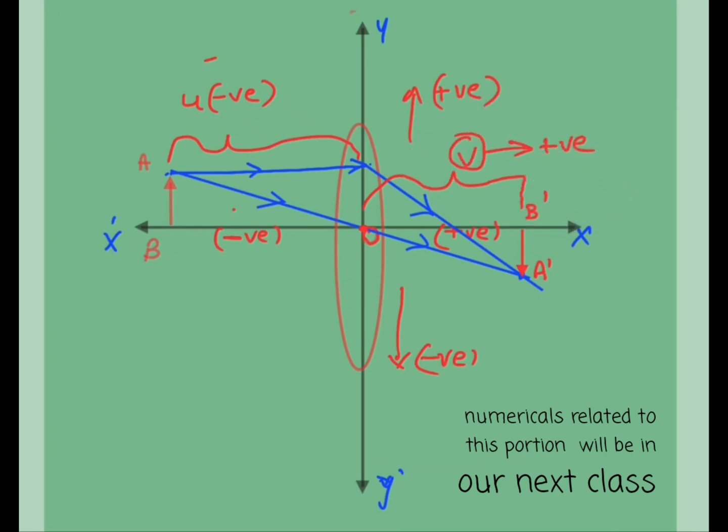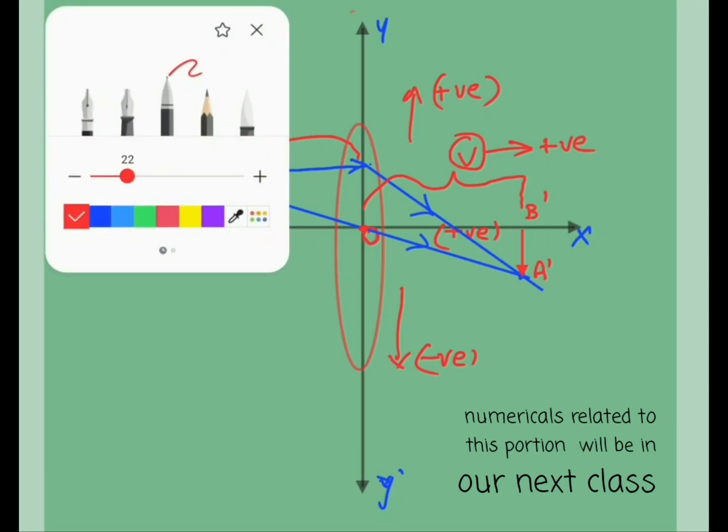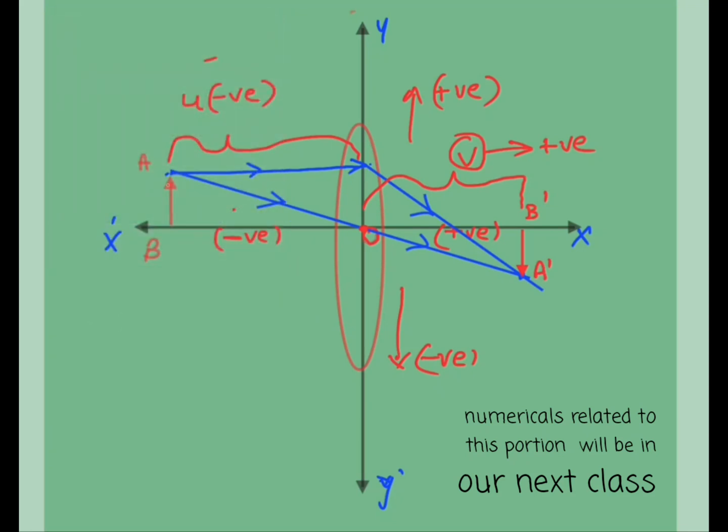Now moving to the height of the image and height of the object, you can see that the object height is on top of the x-axis. Okay, so object height h o will be taken as positive. Whereas in the case of the image, you can see that it is an inverted image, and so we do the measurement in the downward direction. So we take the height of the image as negative.